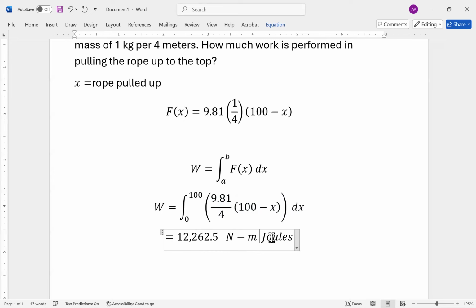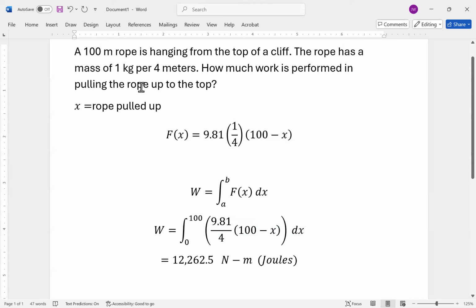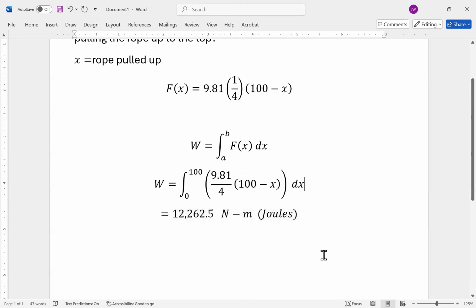When I say or joules, joules is the same thing as Newton meters, so I don't want to confuse you there. So our force was in newtons, our distance was in meters, so we had Newton meters, which again is called joules.